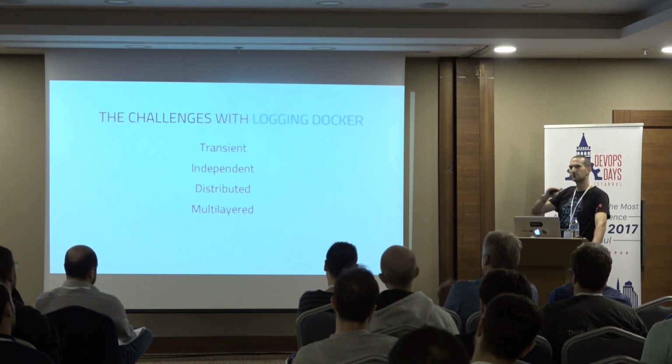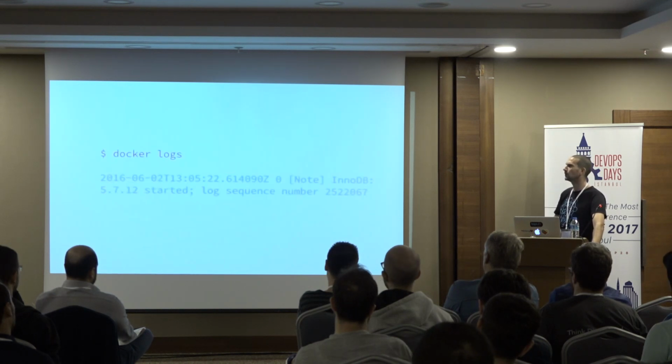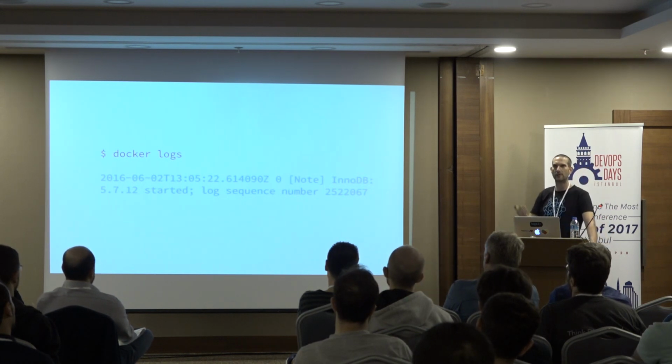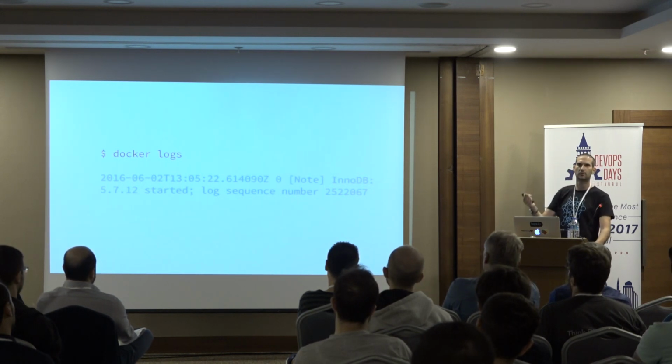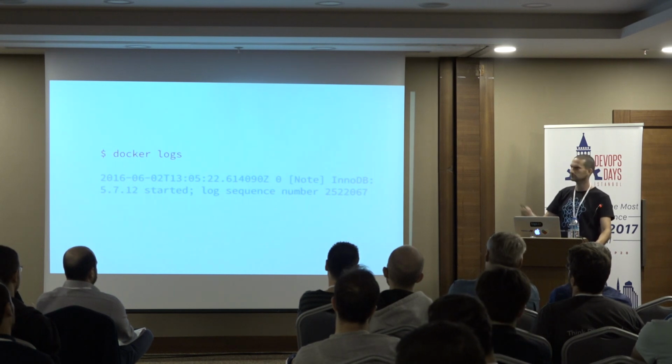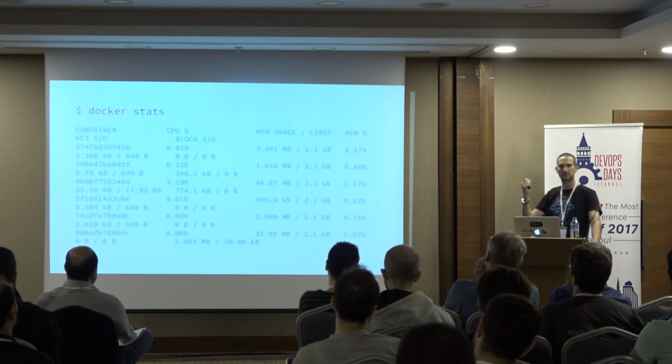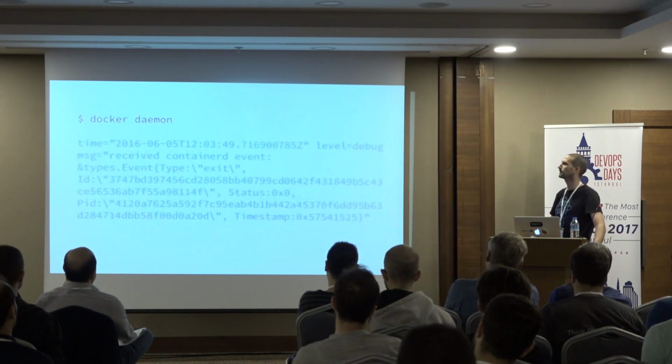And this distribution is not just horizontal, it's also vertical, with different layers of information that you can collect from each container and each host. So for example, we all know the Docker logs command, docker logs, container ID, etc. And we get the stderr and stdout output for the container. Great. Docker stats command, docker stats, container ID, and you get all those performance metrics that I mentioned before. Fantastic.